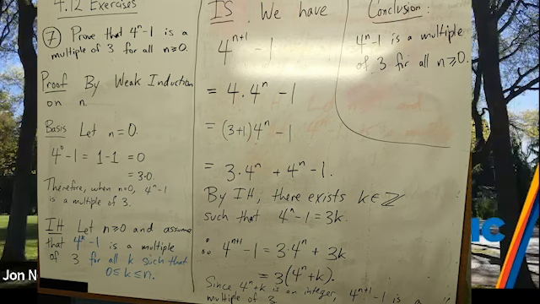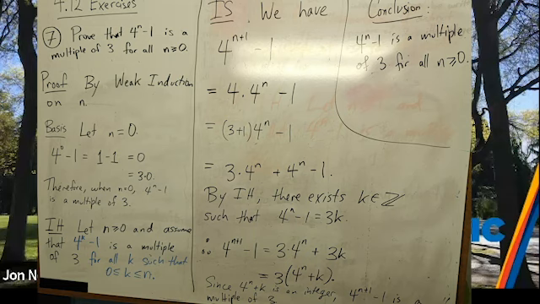Now, I'm allowed to do this, right? Because initially, I've proven the case n equals 0. And now, therefore, I know that it is true for all k between 0 and 0, because I proved the case n equals 0. So it is true for n equals 0, which is the same thing as saying it's true for all k such that k is between 0 and 0.